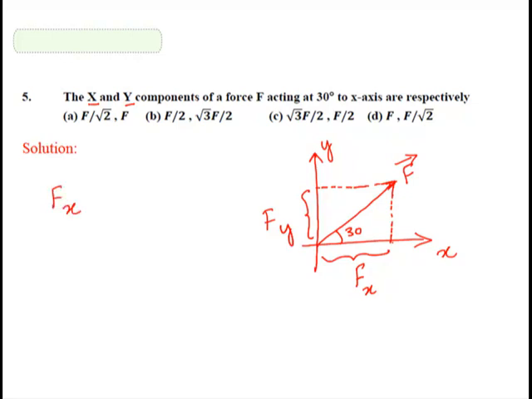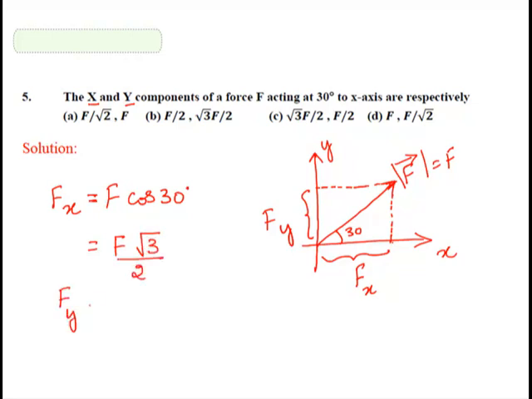Since Fx is adjacent to this angle theta, you have to use the quantity corresponding to the adjacent side, which is cos theta, right? Cos theta is adjacent divided by hypotenuse, so Fx is F, the magnitude of this force, into cos theta. What is theta? 30 degree. What is cos 30? Root 3 by 2.